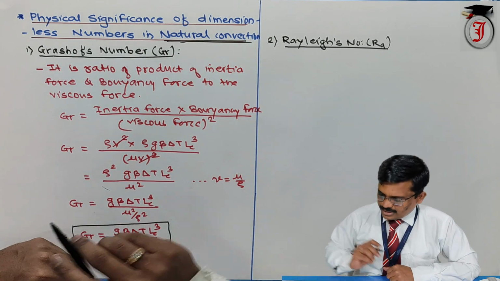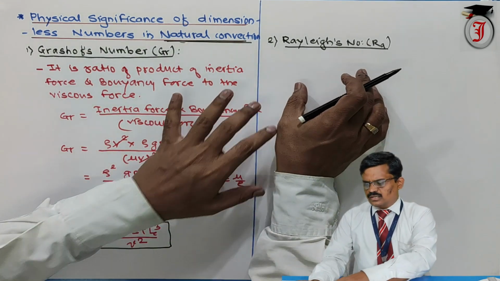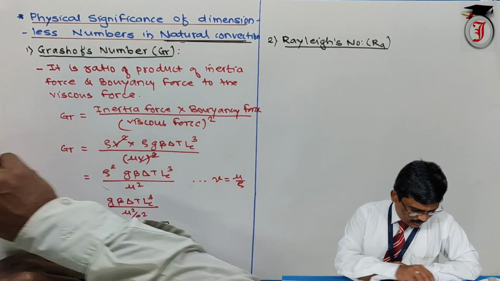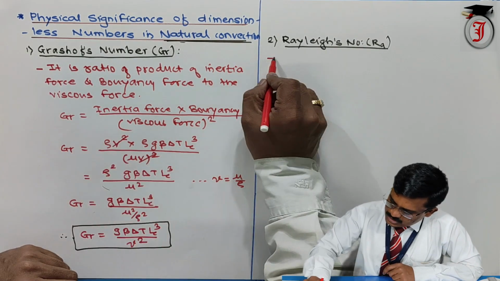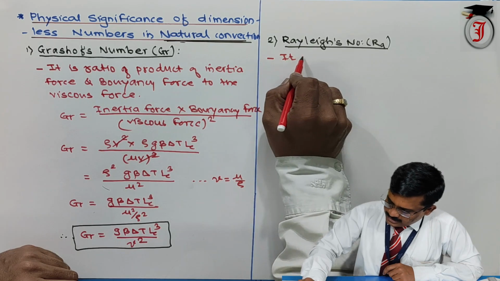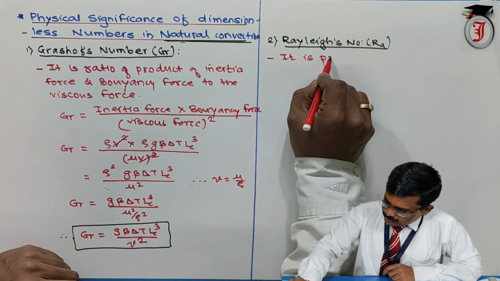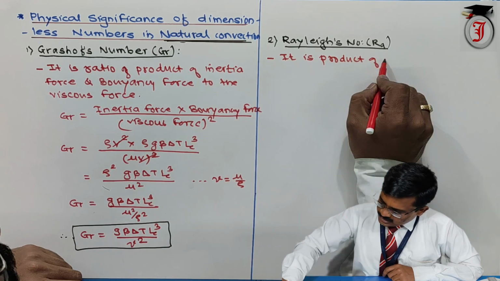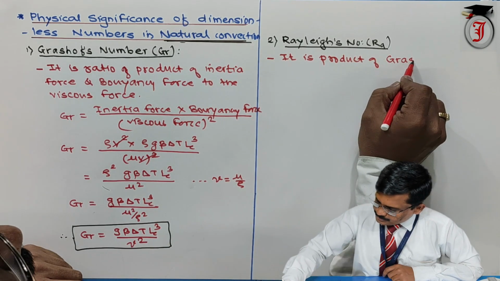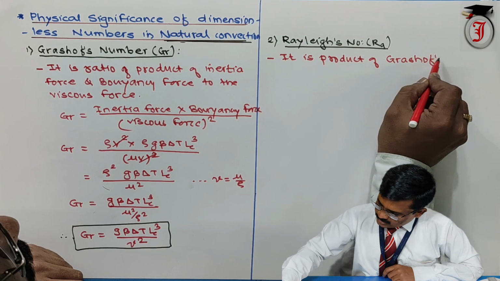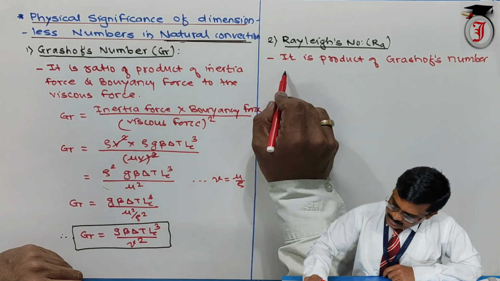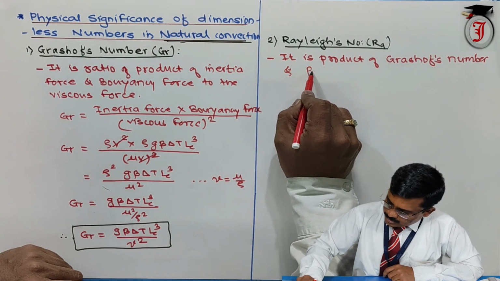Rayleigh's number is given by the product of Grashof number and Prandtl number.